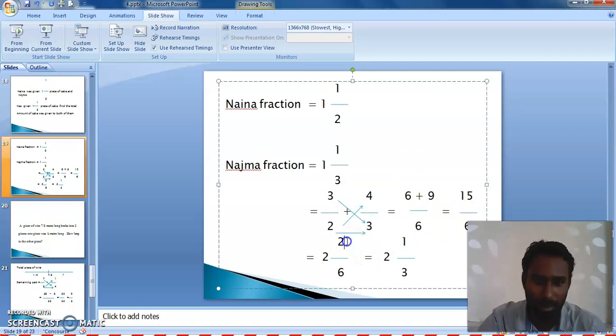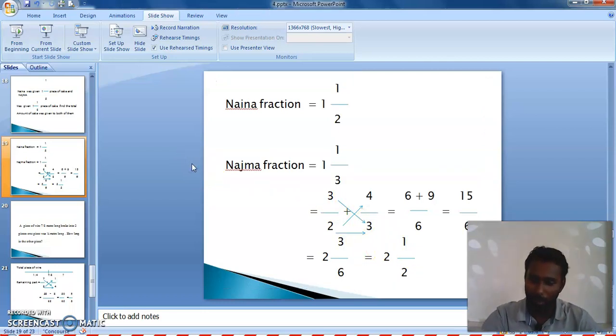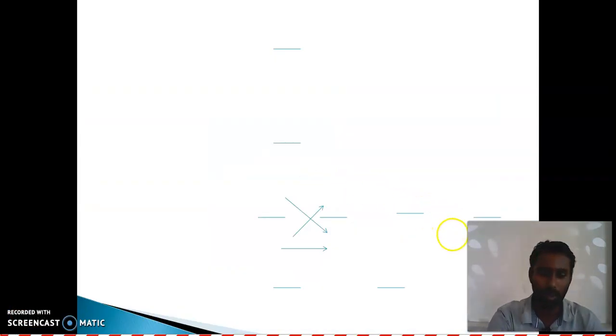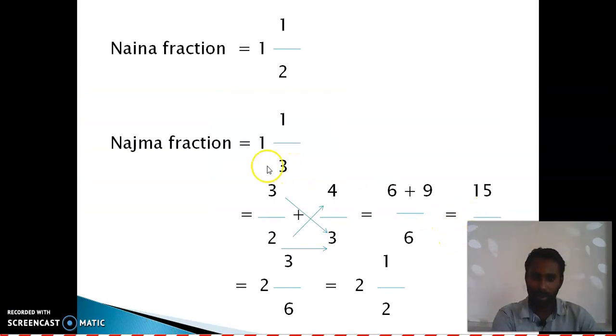So 2 6s are 12, remaining 3. So 3 3s are 9, and 2 4s are 8.